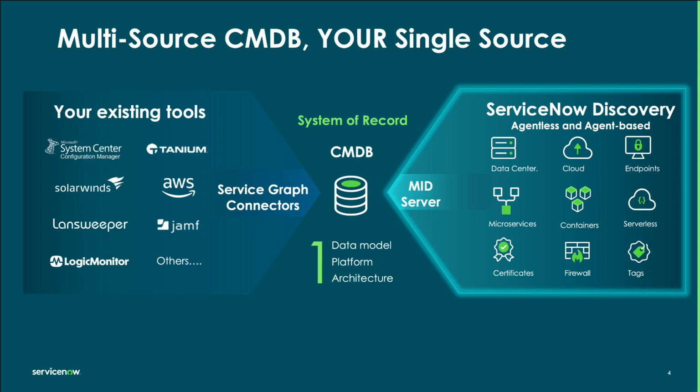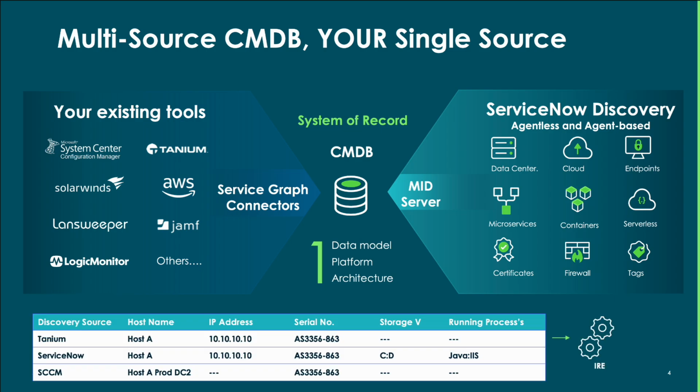The data returned is processed through the Identification and Reconciliation Engine to confirm if we have a configuration item or not. If we do, it then updates existing configuration records with new information or any changes, and if it doesn't, then it creates a brand new configuration item.